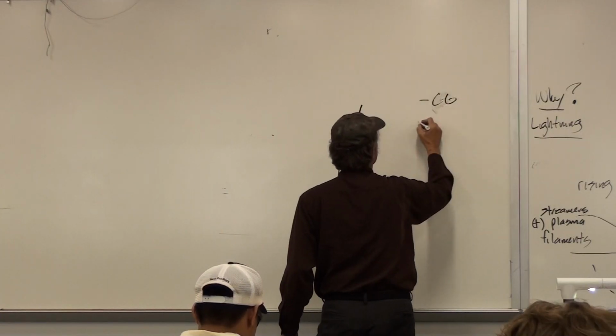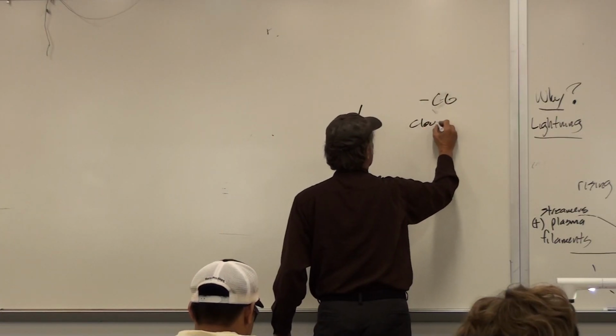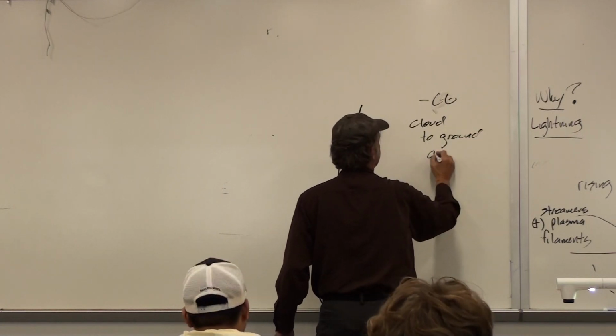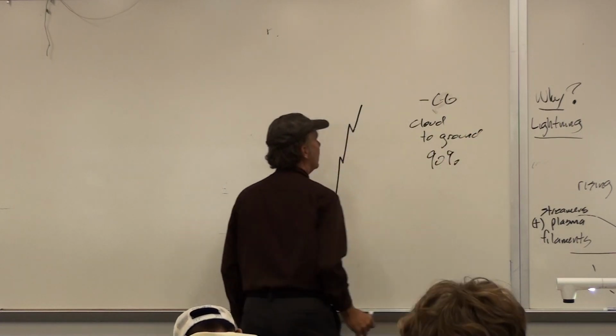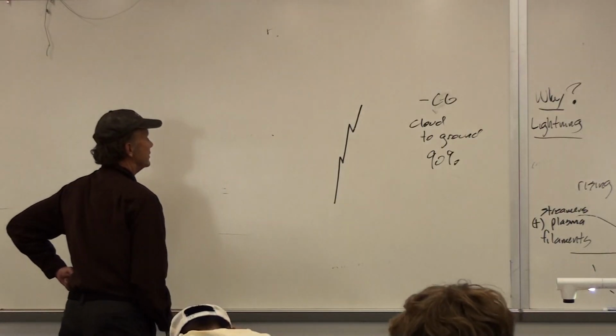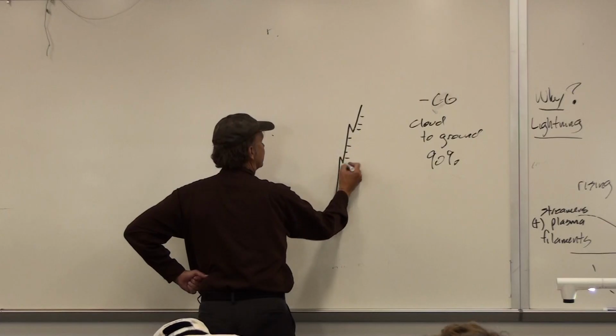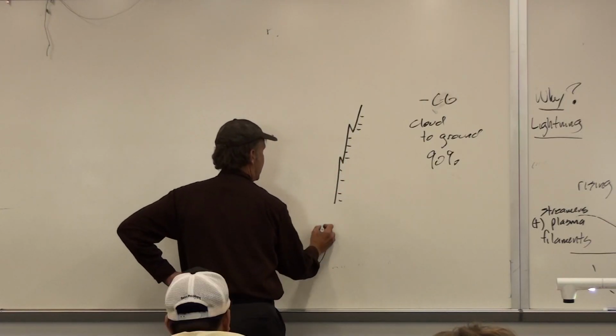And so this is from cloud to ground. Something like 90% of the lightning strikes that actually hit the Earth are negative.